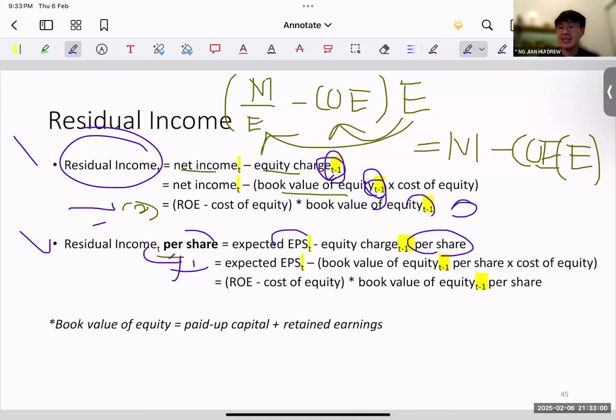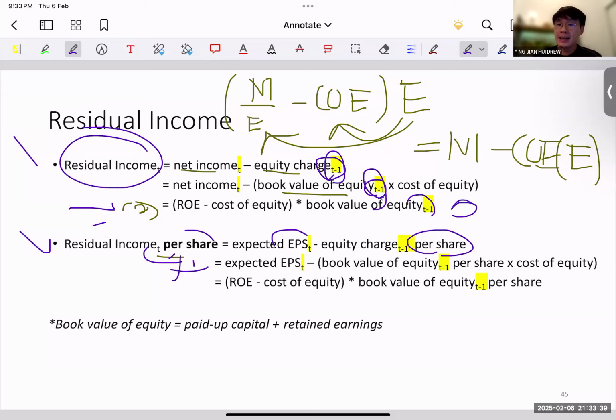Let's say 2024, and you want to determine the residual income of 2025. Yes, you have the net income of 2025, but between 2024 and 2025 maybe there are some changes in the book value of equity. But the cost relating to the generation of your income for 2025 is based on 2024's book value of equity.